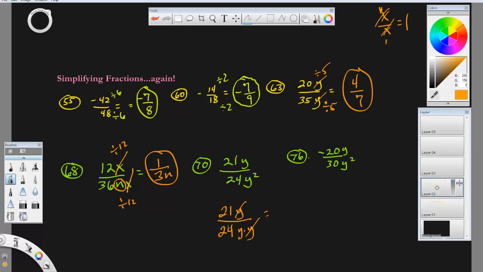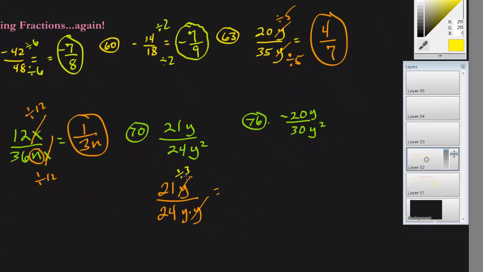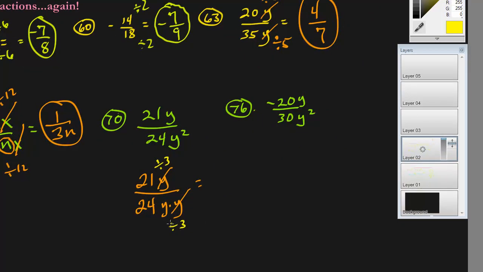So 21 over 24 is reducible by the factor of 3. So I'm going to divide by 3 on the top and on the bottom. Hopefully you can see that. That would be 7 on top and 8y on the bottom. So that y is down there because there are 2 of them down there to start with. Now you try the next one.